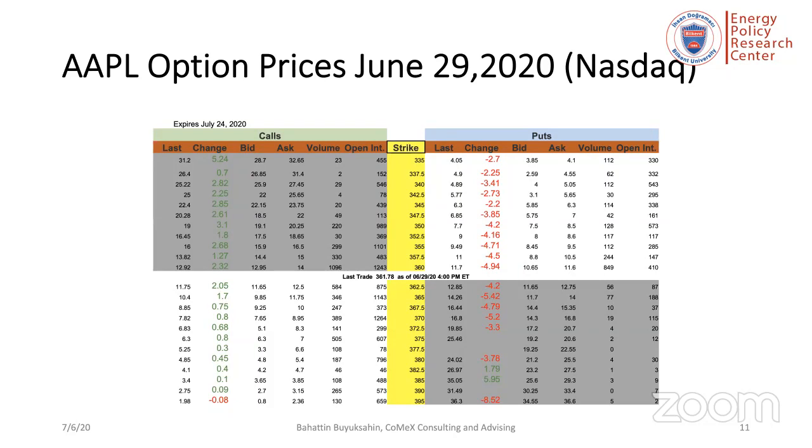The option premium at the last trade is $31.20. For a strike price of 337.5, the option premium is 26. For a strike price of 360, the option premium for the call option is 12.92. For the put option, on the other hand, the option premium is 11.70.